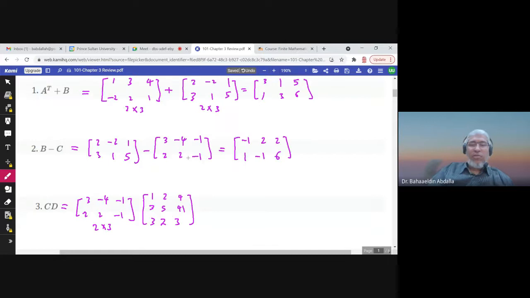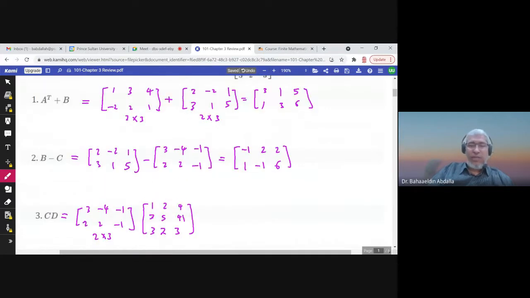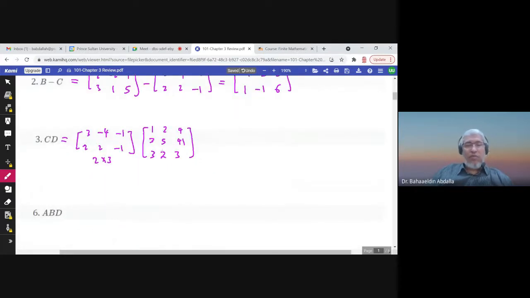Now, can we multiply these two matrices? The order of D is 3 by 3. If this equals this, then we can multiply the two matrices, and the answer would be of order 2 by 3.